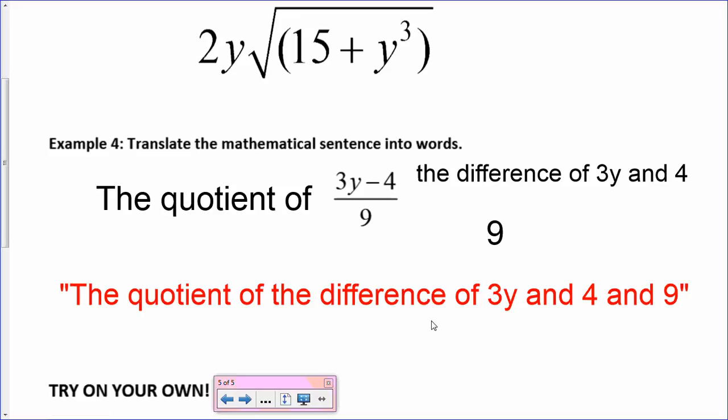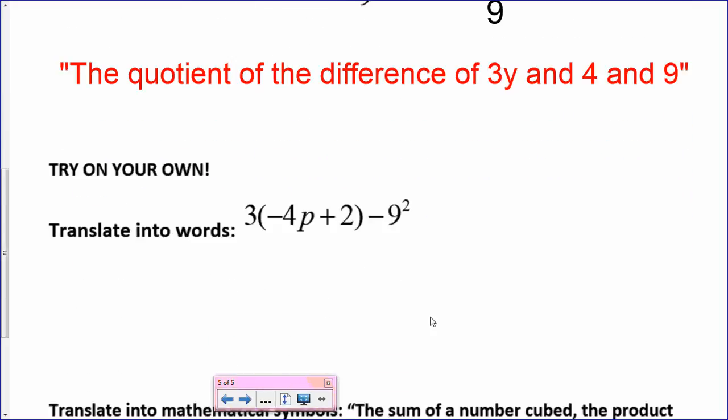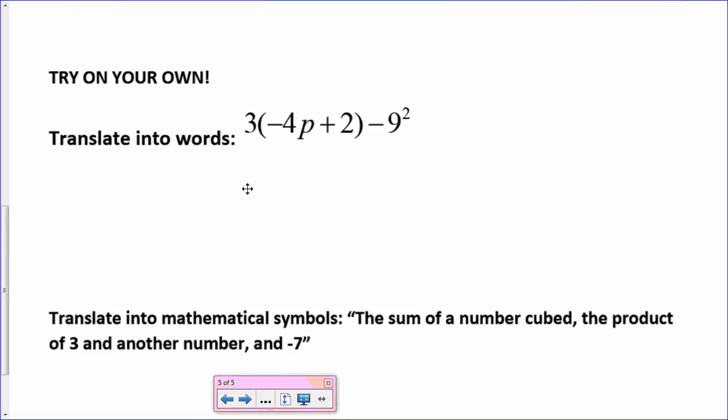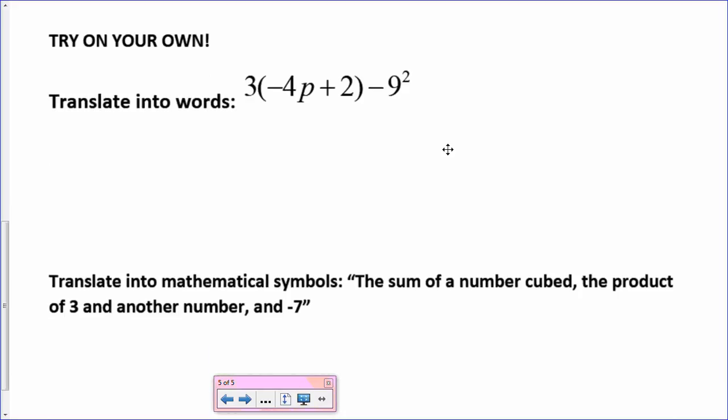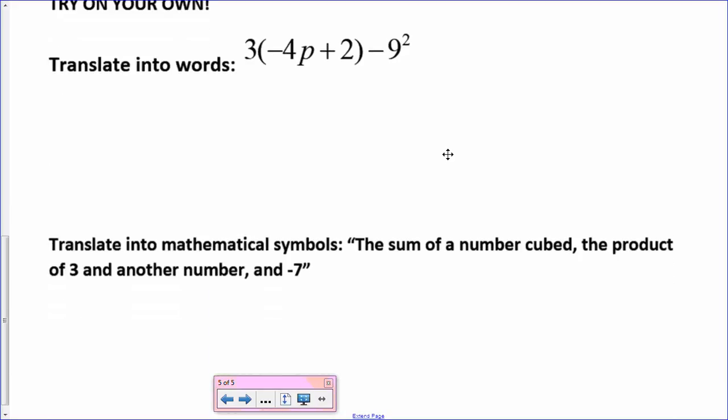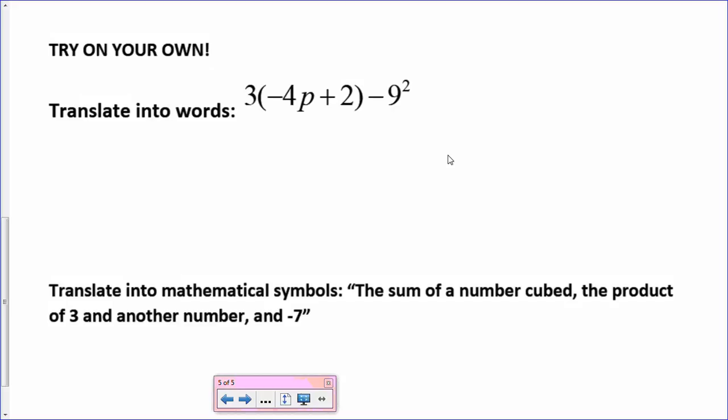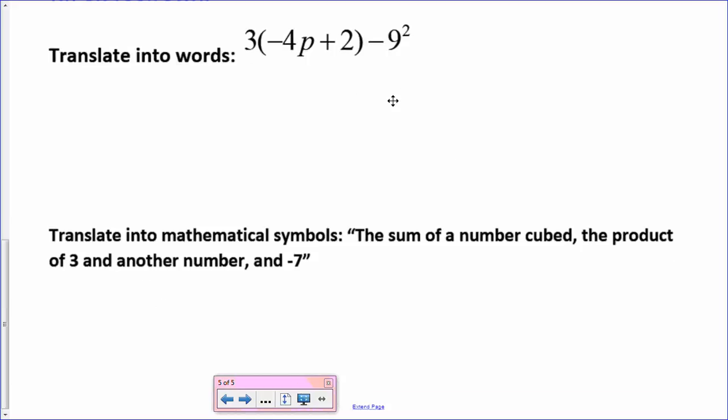Okay? So, last two things, I want you to go ahead and try these on your own. First one, you have to translate this into words. Okay? And I think I actually did my answers wrong. So we're going to check these answers in class. This first one, there's so many different ways you can write it.